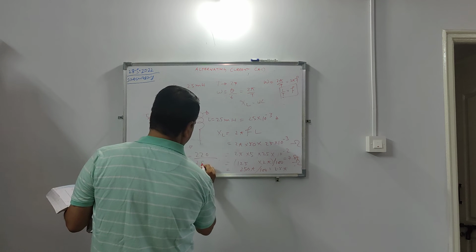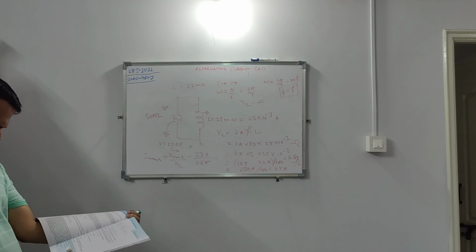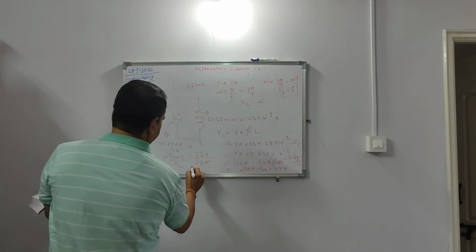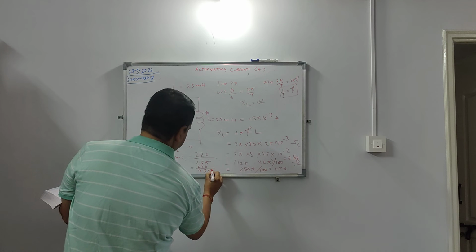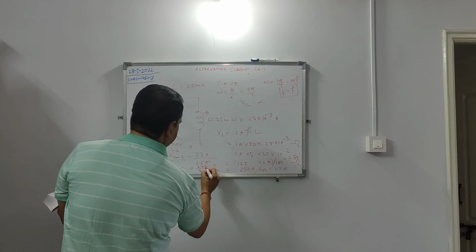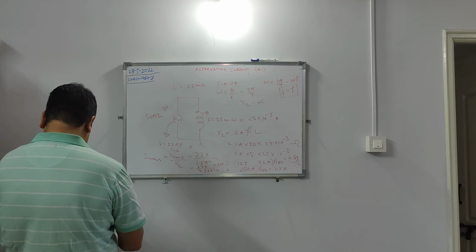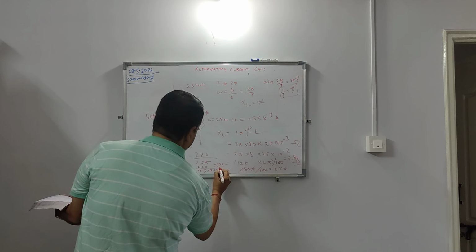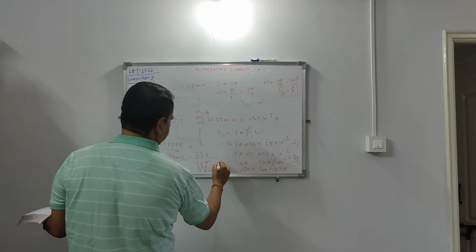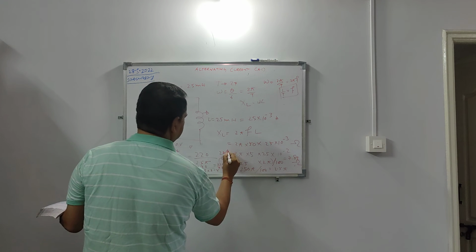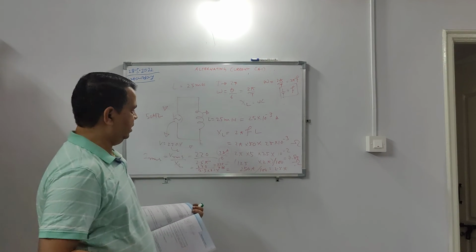So 220 divided by 2.5 into 3.14, something like 7.85. Then you get some 28 ampere. So that is the answer, my RMS current is 28 ampere.